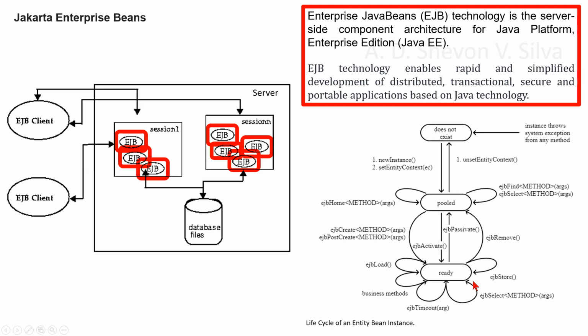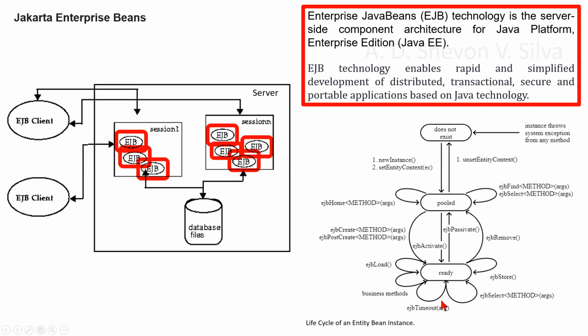The business method can be invoked on the instance 0 or more times, or the EJB timeout method can be invoked on the instance 0 or more times.